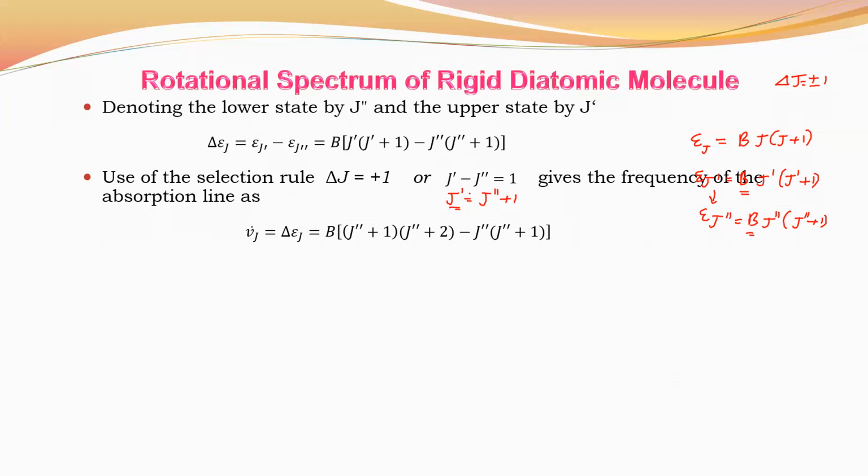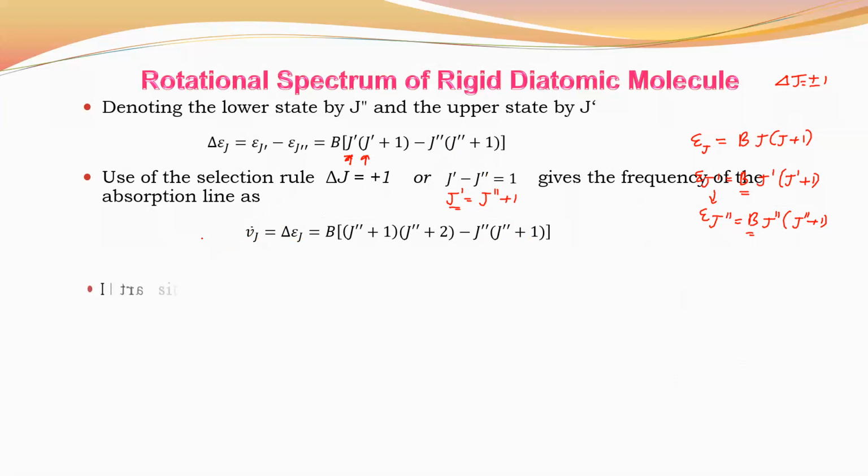So we change the value of J dash in this equation. We substitute for the values of J dash. In place of J dash, we substitute J double dash plus 1. So B into J double dash plus 1 into J double dash plus 2 minus J double dash into J double dash plus 1. The same quantity here. So this is the energy difference corresponding to this frequency line.